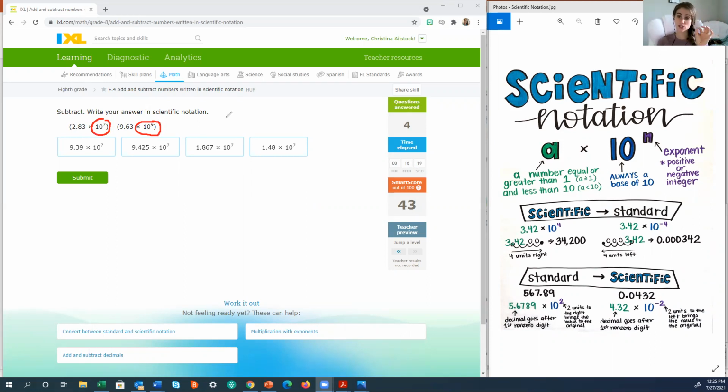I'm going to look at the answer choices, and it looks like all of them are to the 7th power. So once again, I am going to change the second value. So we have 9.63 times 10 to the 6th.